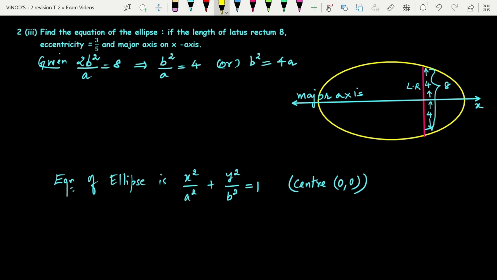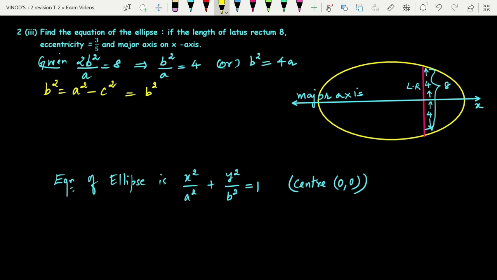Now what is the formula for b square? b square is equal to a square minus c square. c square is what? (ae) the whole square.